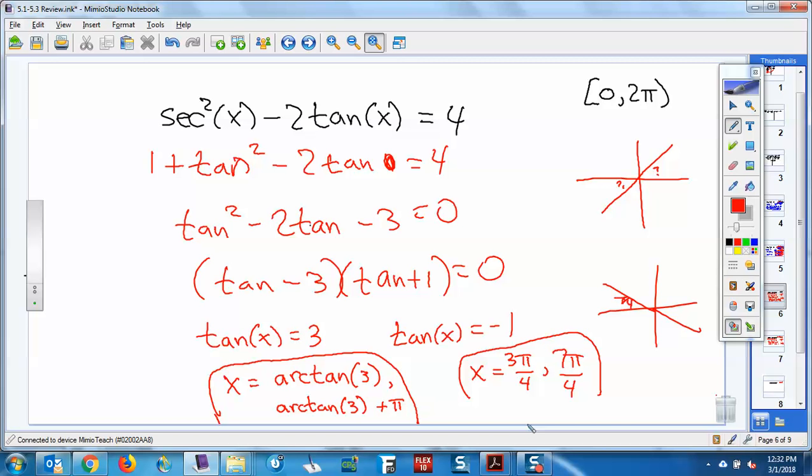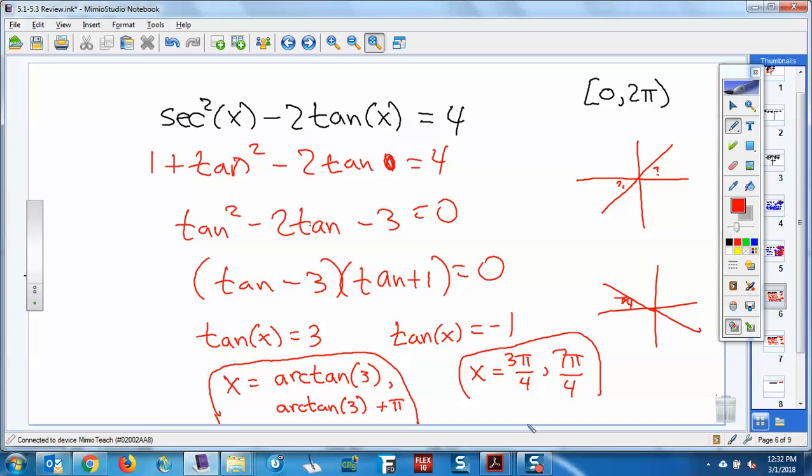So this right here, you're not going to have to do this on the quiz, but just understand how in a no calculator situation, you could write the answer as just arc tan of 3, right? That means the angle whose tangent is 3. But remember, that's just one angle, just like when you do inverse tangent of 3 on your calculator, it's going to give you one angle.